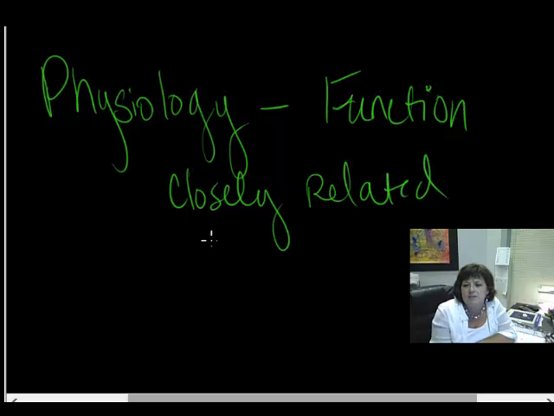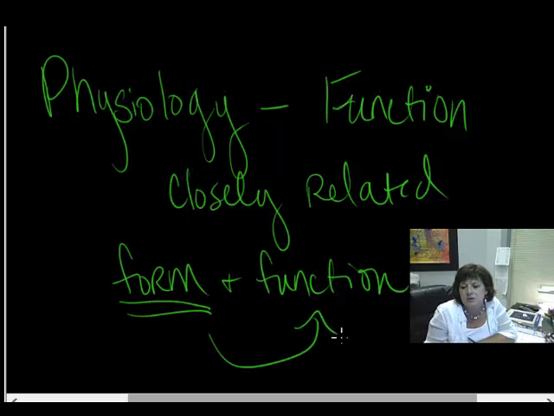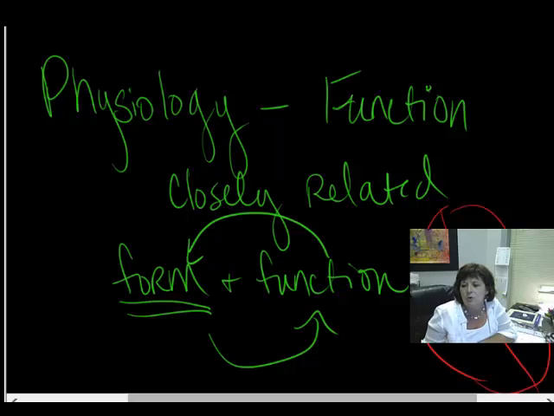In fact, form and function go together. The way something is formed determines its function. Its function depends upon its form. If that heart that we talked about earlier has a defect in the way it is formed, then its function will not function correctly. So anatomy and physiology are tied very closely together.